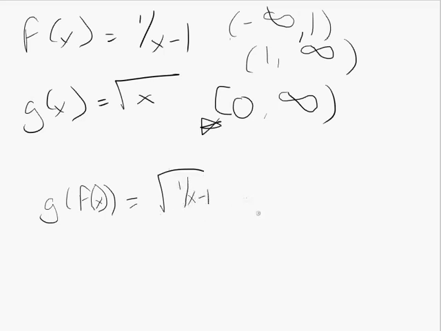So it can't be any negatives, and it can't be 1. Definitely can't be 1. The whole thing can't be negative, right? Yeah. So we have to figure out which values of x would make that whole thing negative.